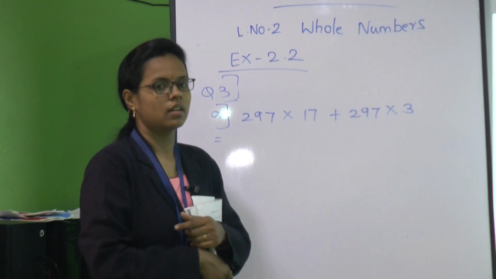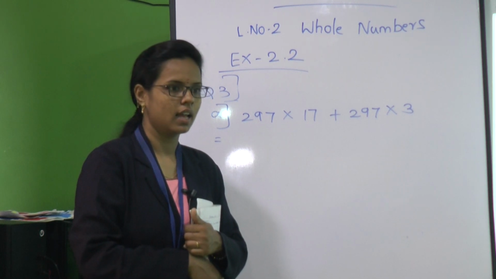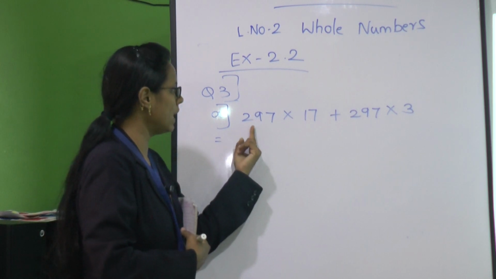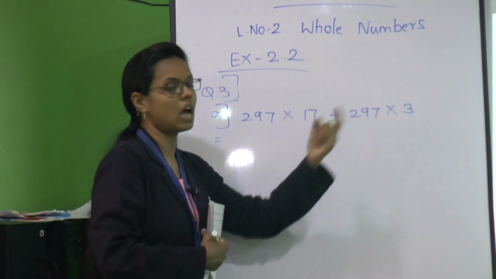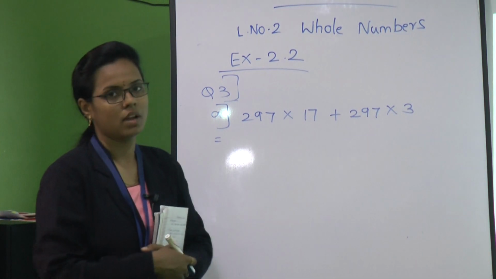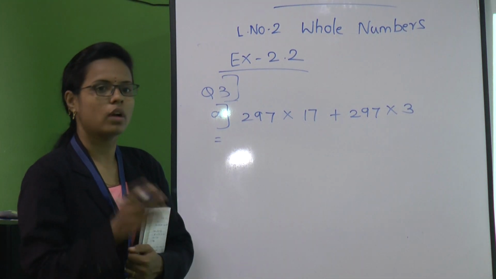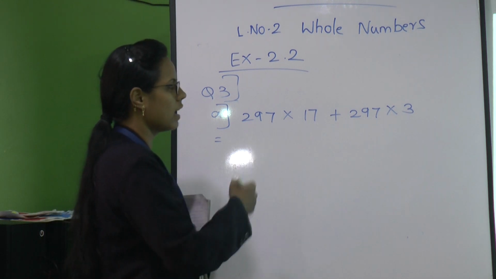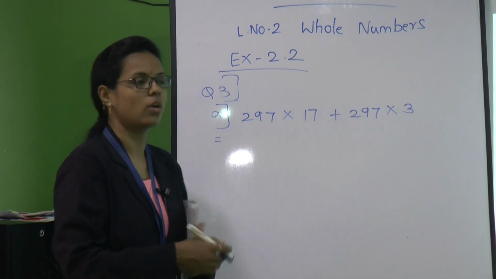Okay. Any other way? Okay. Let me explain to you. See here. Here 297 and 297 are the same numbers. We have the same numbers. So can we take this number as a common? Can we take it as a common? Okay. Let us solve.